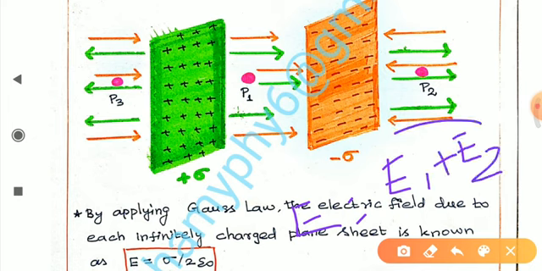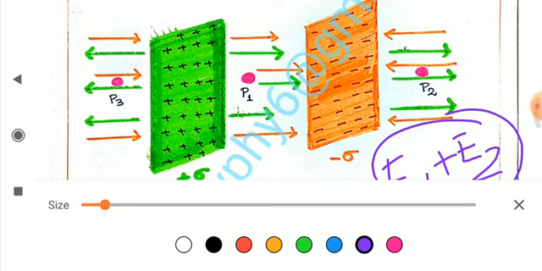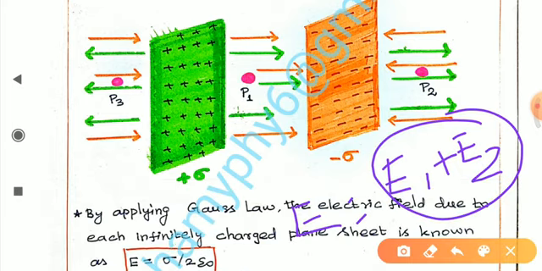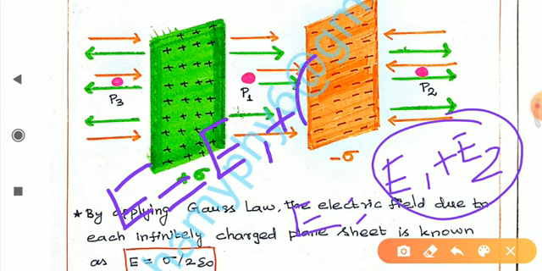It will get added up if the two electric fields are acting along the same direction. Suppose the two electric fields act along different directions, then what will be the net electric field? How can we calculate?